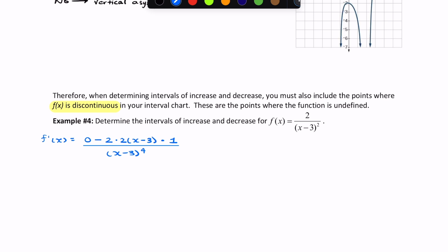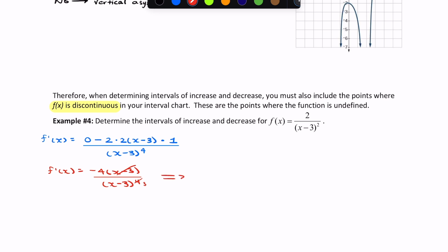So here, if we simplify this, f prime of x is equal to -4 x minus 3 over x minus 3 to the power of 4. Here we can cancel out the x minus 3 from the numerator and 1 of the x minus 3 from the denominator.